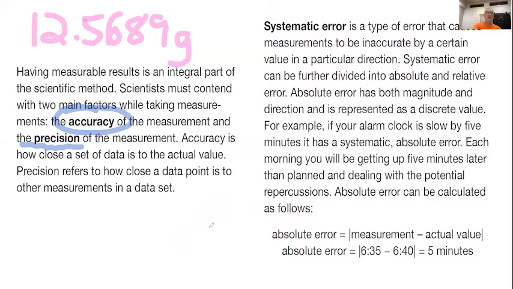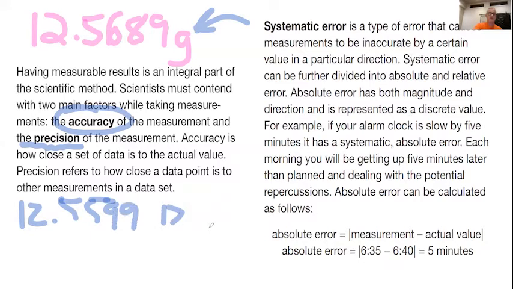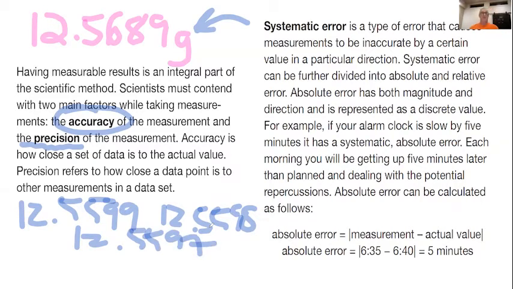But if, for instance, I was to measure this mass with a very precise instrument, and I got 12.5599, and then 12.5598, and then 12.5597. Those are very precise numbers because they're very reproducible.